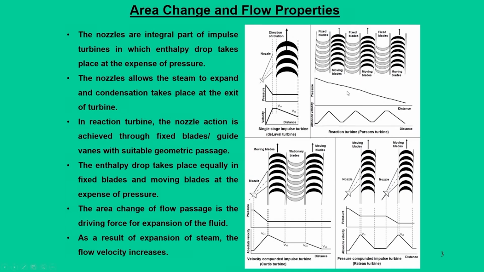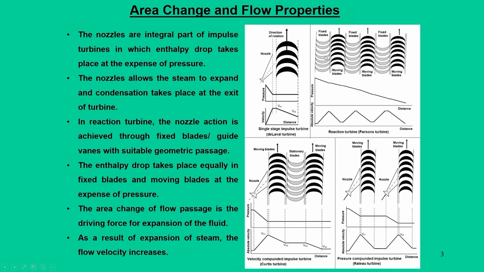However, when you do this expansion in the reaction turbines, there is no separate component of nozzle as such; rather they have fixed blades or guide vanes that take care of the pressure drop. But the most important fact is that the passages of those fixed blades are such that they perform a nozzle action. I will explain nozzle action in the subsequent slides.